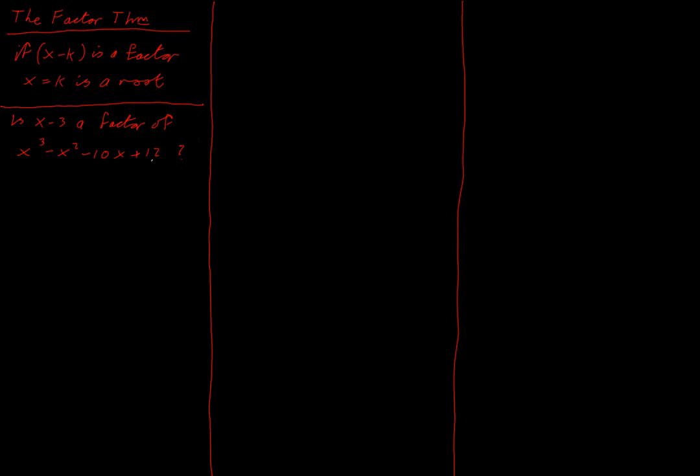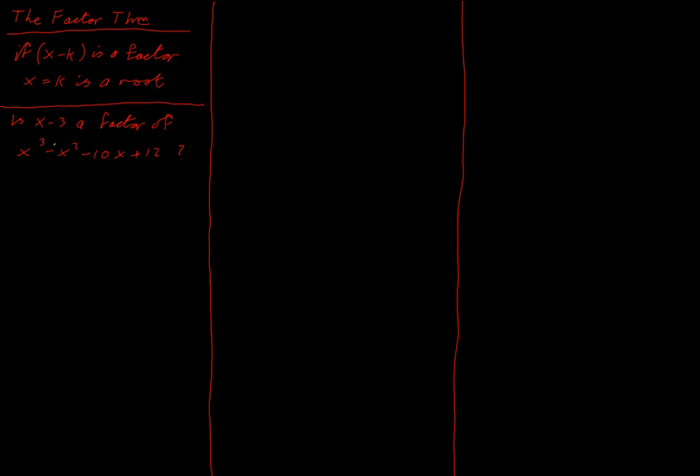So first question, is x minus 3 a factor of x cubed minus x squared minus 10x plus 12? So if x minus 3 is a factor, that means that x is equal to 3 must be a root. Now I'm going to show you how you do this in general because sometimes it won't be quite as straightforward as this.